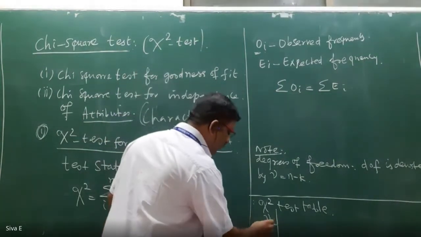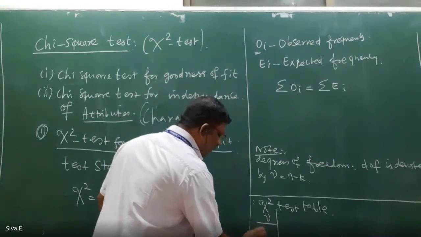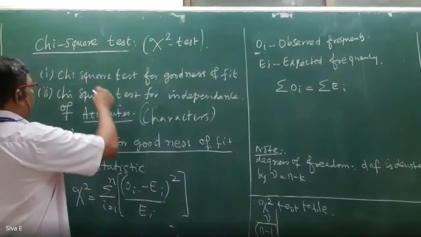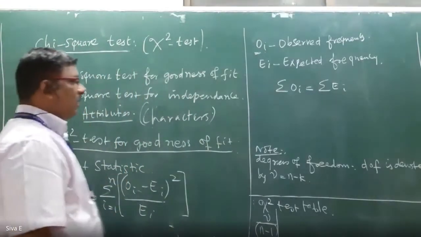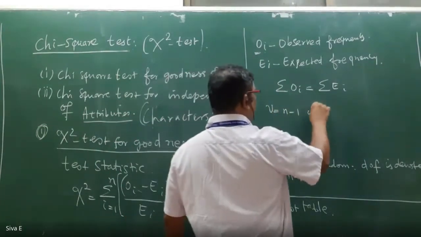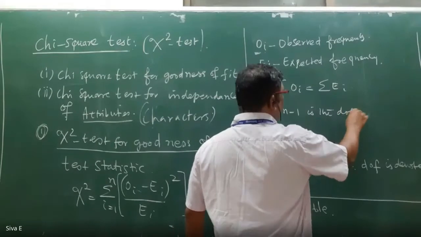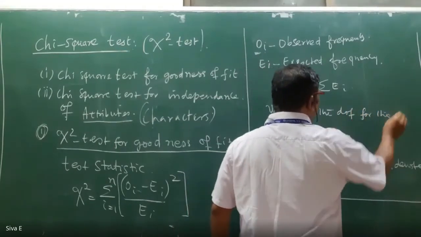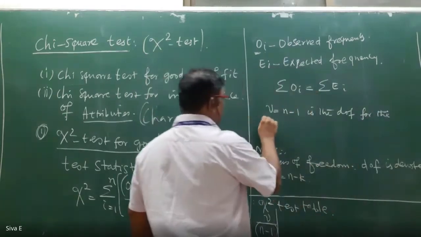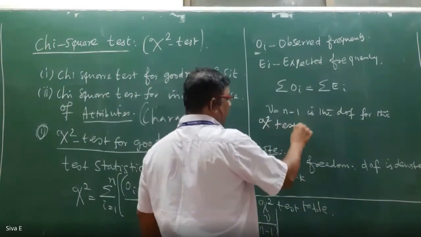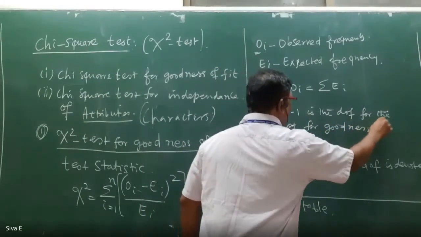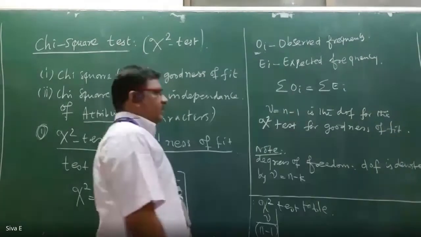For the chi-square test for goodness of fit, nu equal to n minus 1 is the degrees of freedom. Please note that down.